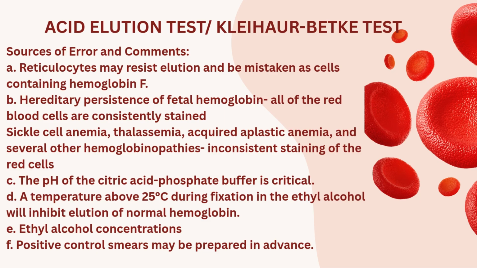A temperature above 25 degrees Celsius during fixation in ethyl alcohol will inhibit elution of normal hemoglobin. Ethyl alcohol concentrations above 80% may cause the elution of hemoglobin F, while concentrations below 80% may cause morphologic alterations. So positive control smears may be prepared in advance.